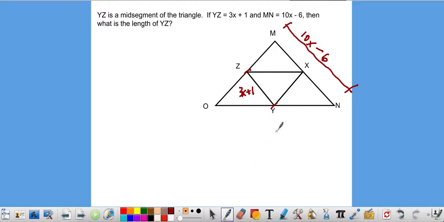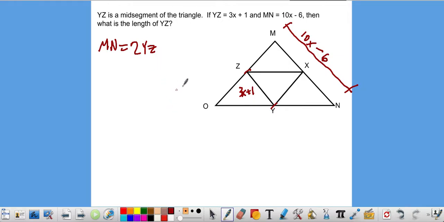So that means we need to solve for x and then plug it in to solve. Now, don't be lazy and don't just say, oh, 3x plus 1 equals 10x minus 6. Obviously, 3x plus 1, that length is not the same length as MN. MN is longer. In fact, from our mid-segment theorem, we know it is double. So we know that MN is equal to 2 YZs, if you want to think of it like that.